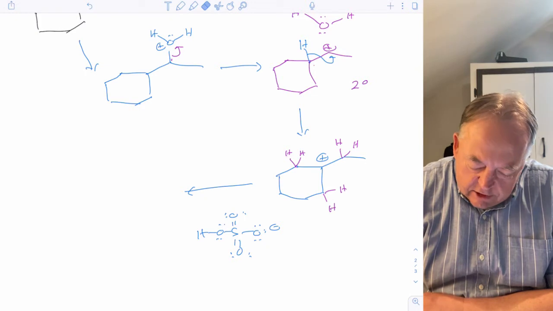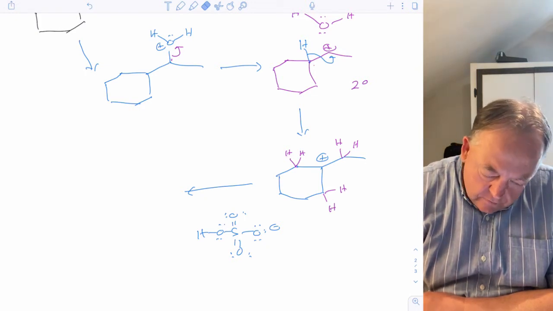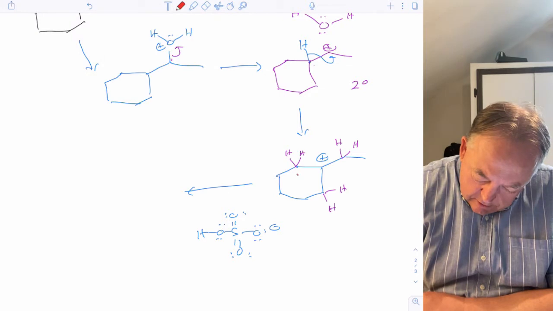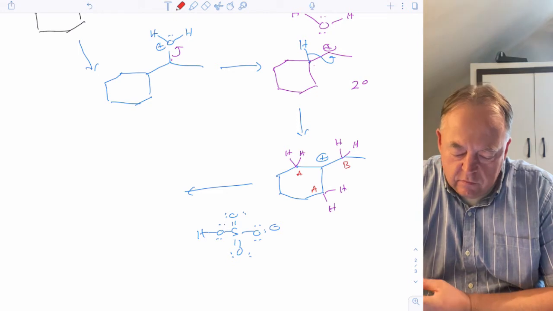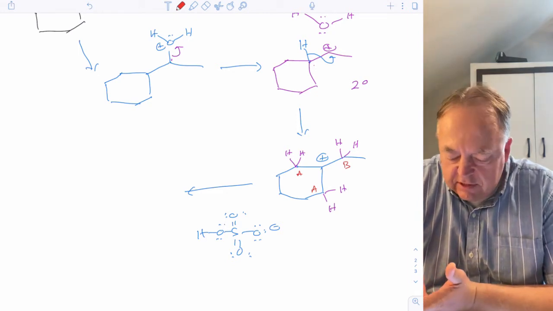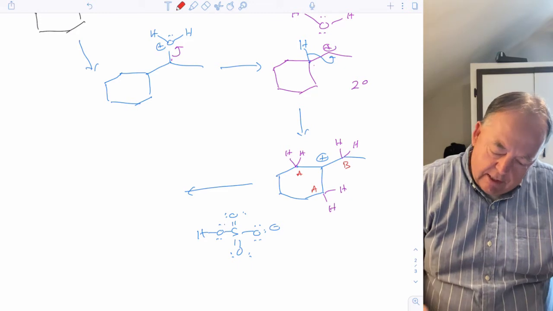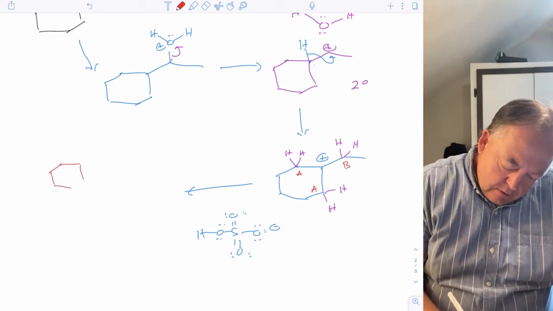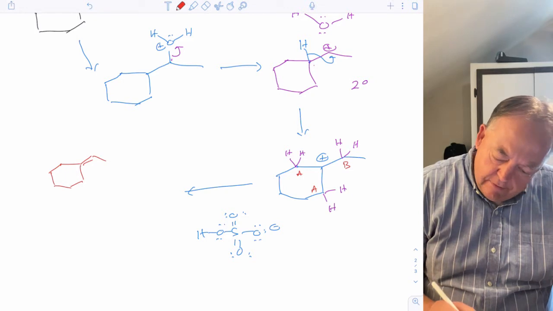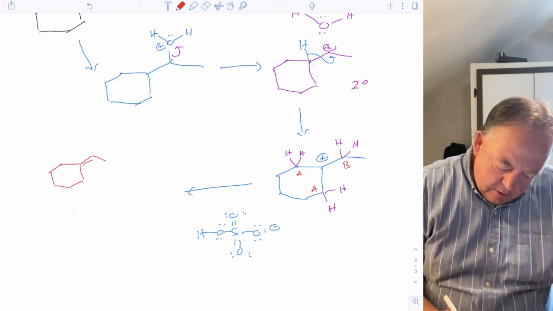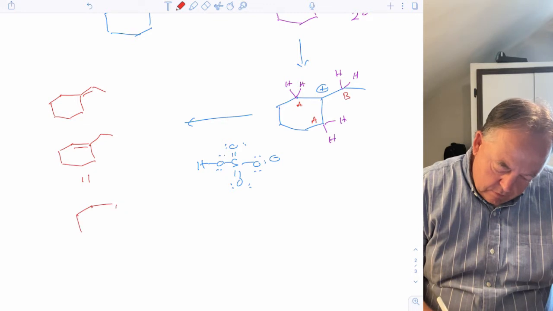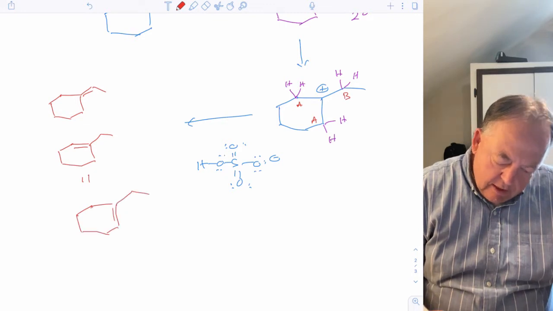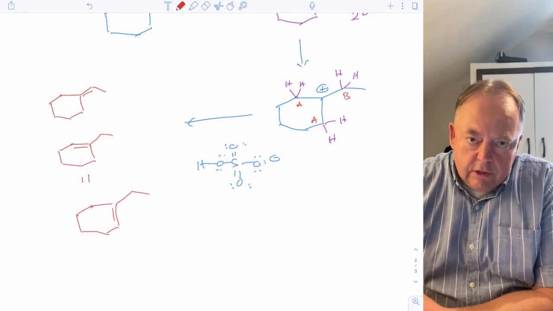So any of these hydrogens, and of course this position, if we call this A, is equivalent to that position, right? So you could lose a hydrogen from either of the A carbons, which is going to give the same product, or from B. So we could have made an alkene here if we lost it from carbon B, or if we lose a hydrogen from carbon A, we could have made that, which is equivalent to that. So which one is going to be the major product?